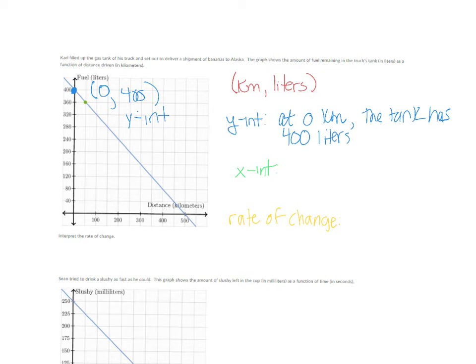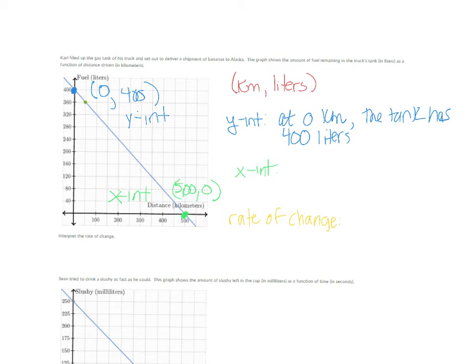If we look at our x-intercept, it occurs down here. And that is the point (500, 0). And this is the x-intercept, the place where the graph crosses over the x-axis, or the value of x when y equals 0.